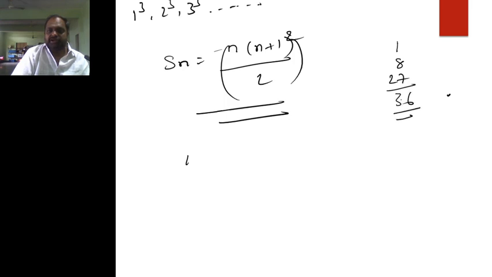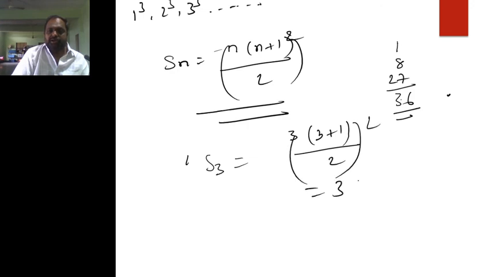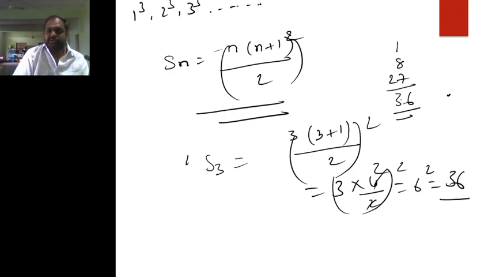So the total is 36. Using the formula, S3 is equal to 3 into 3 plus 1 by 2 whole square, 3 into 4 by 2 whole square, which is 6 square, 36.